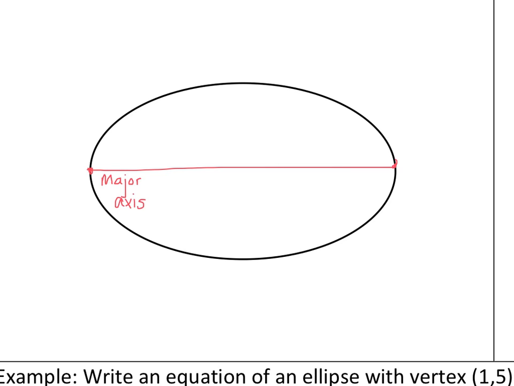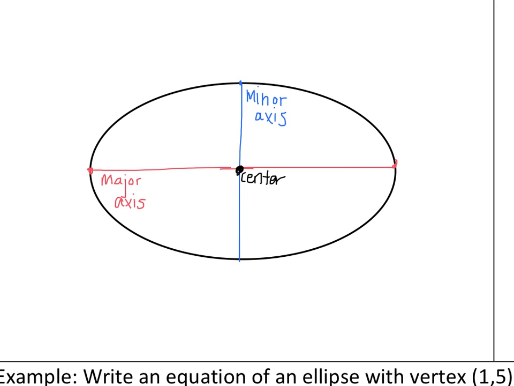The minor axis is the one that intersects it, and for this one, it is vertical. So that's the minor axis. And they intersect at the ellipse's center point.